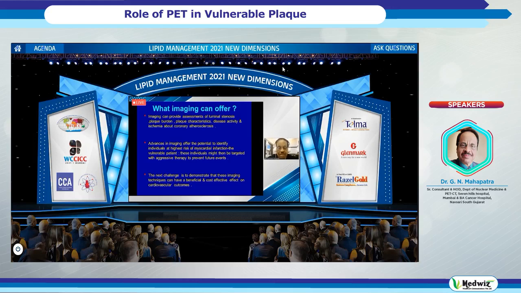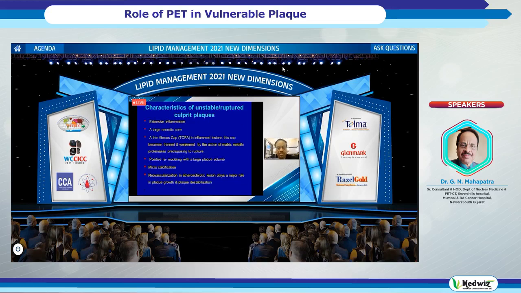These individuals might then be selected and targeted with aggressive therapy to prevent future events. The next challenge is to demonstrate that these imaging techniques can have a beneficial and cost-effective impact on cardiovascular outcomes.